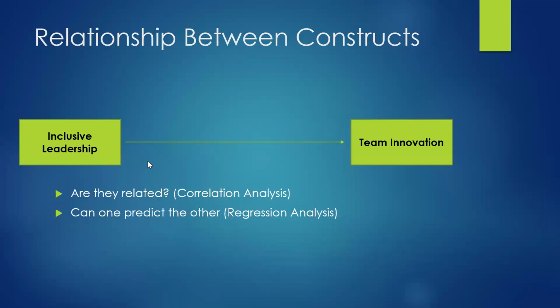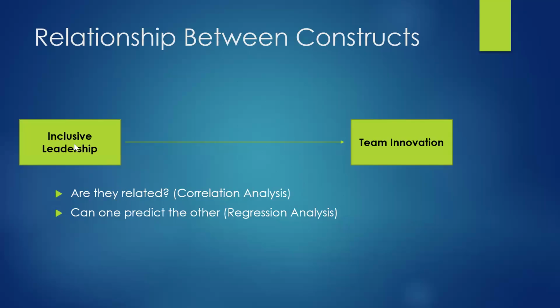So in this example, inclusive leadership leads to team innovation. Inclusive leadership is an antecedent to team innovation. Team innovation is an outcome of inclusive leadership. So you understand antecedent and outcome as well. These are terms that you will use often in quantitative research.